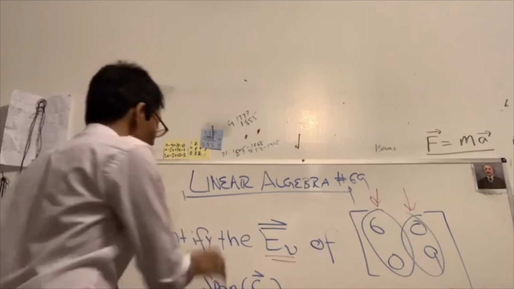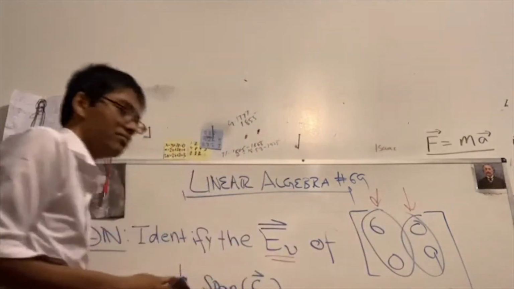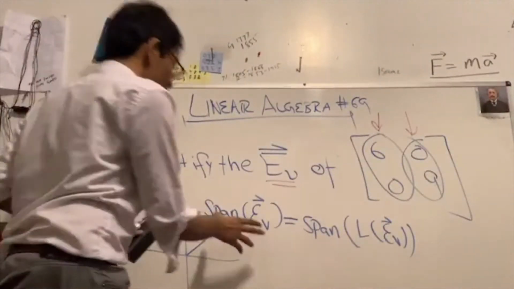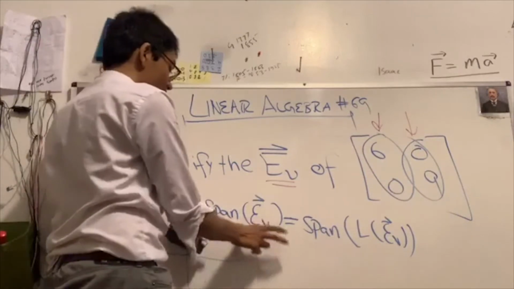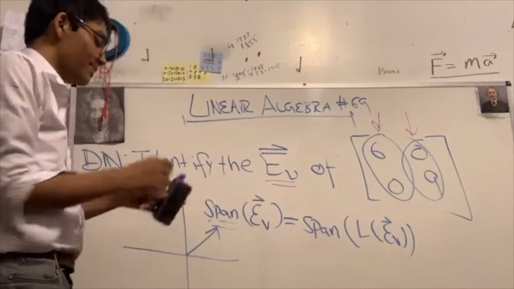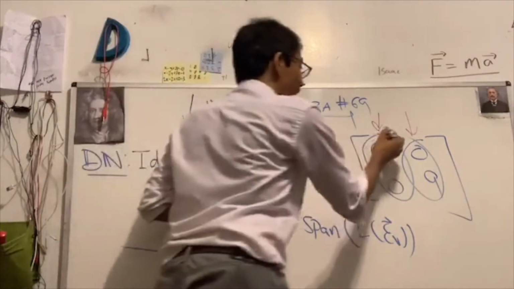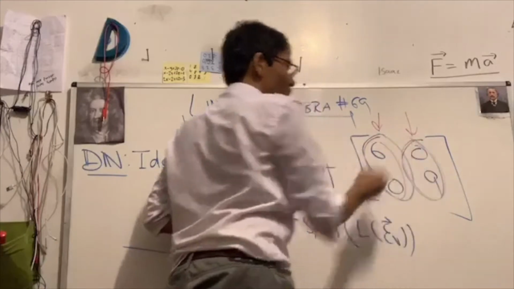Okay. So we were asked to identify the eigenvectors of this matrix. We know that the definition of an eigenvector is that it preserves the span before and after a linear transformation. So that means the eigenvectors of this matrix are simply the new i hat and the new j hat.